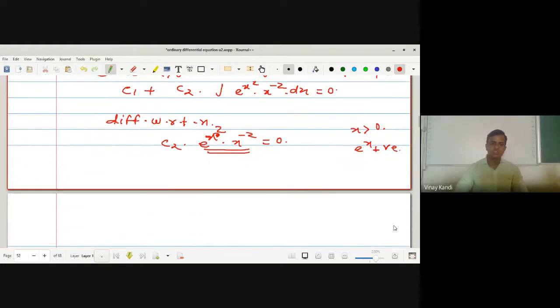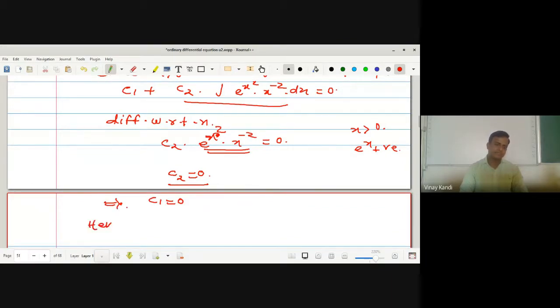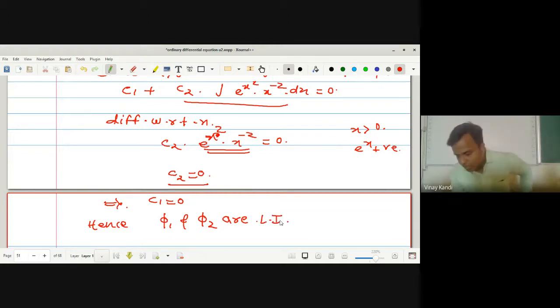Hence, c2 must be 0, which implies putting the value of c2 in this equation, we get c1 is also 0. Hence, phi 1 and phi 2 are linearly independent. Okay, any doubt?